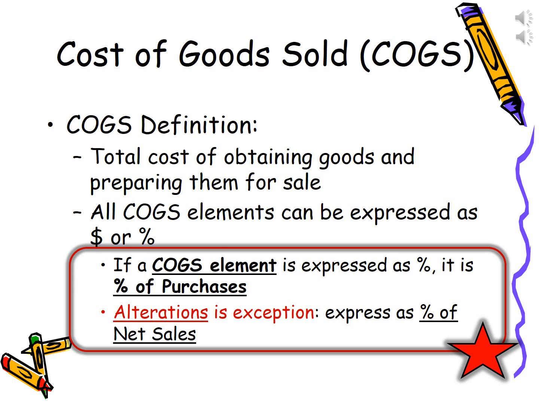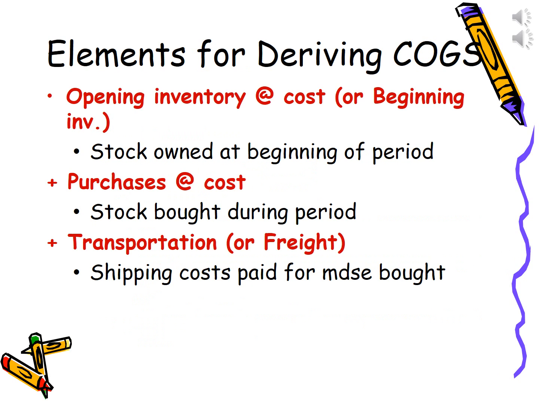When alterations are given in percentage numbers, that's a percent of net sales. Okay, so except for alteration, which may be percent of net sales, all the other elements, if they are given as percentage numbers, that's percent of purchases. We'll see what that means once we take a look at each of these elements and how to actually put them together to calculate cost of goods sold.